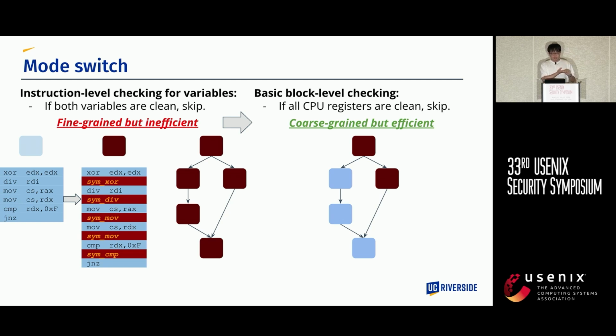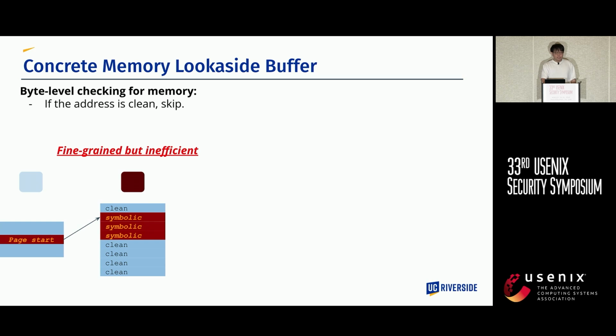For such basic blocks, we don't need to instrument every instruction, and we can execute them with very lightweight instrumentation for load and store. On the other hand, when not all the CPU registers are clean, we execute this basic block with full instrumentation to make sure the symbolic variables are propagated correctly. Also, we show that over 80% or 90% of blocks are executed concretely, which means this kind of optimization can greatly boost the performance.